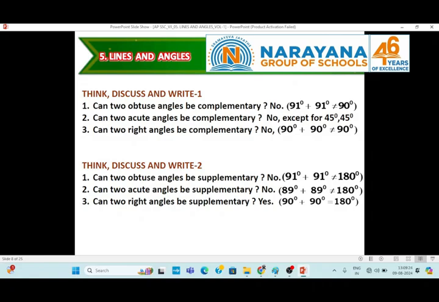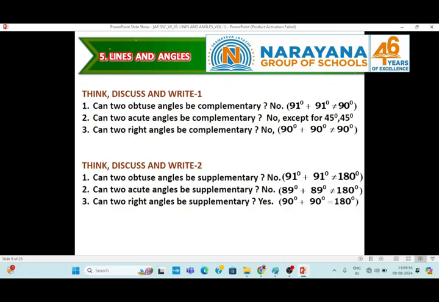For example, 40 and 50 are acute angles, so 40 plus 50 is 90 degrees. 1 plus 89 is 90. 2 plus 88, 3 plus 87, 4 plus 86, 45 plus 45, 50 plus 40. Similarly, 89 plus 1. So there are a limited number of complementary pairs where both are acute angles.